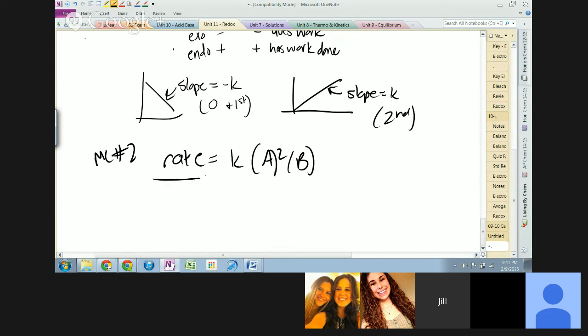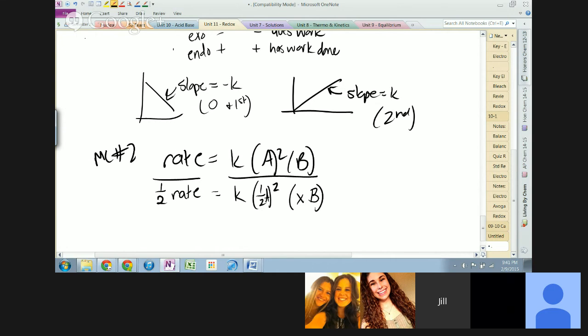So let's compare these two. To make the reaction occur at a rate of half of its original rate, I'm going to say I want half of my original rate equals k, and A, we want that to be half of the original A. And we want to know by what factor we have to change B.